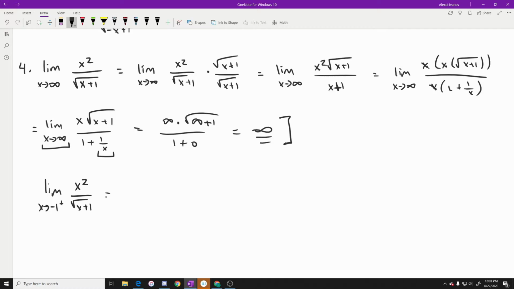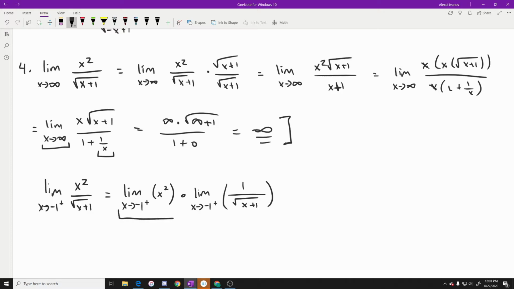And now I'm going to break this limit up so that we can solve it. We're going to say that this is the limit as x approaches minus 1 from the right of x squared times the limit as x approaches minus 1 from the right of 1 over the square root of x plus 1.